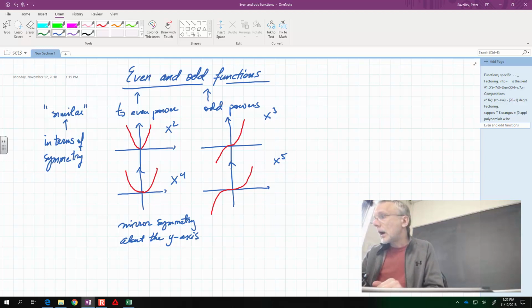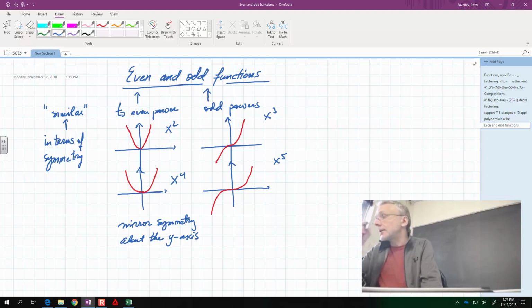Okay. What about the odd powers? What kind of symmetry is this? Rotational, specifically 180 degrees rotation. We could rotate a plane in any degree that we can imagine, but I'm not sure if it is actually possible to have a function that rotates into itself under 90 degrees.